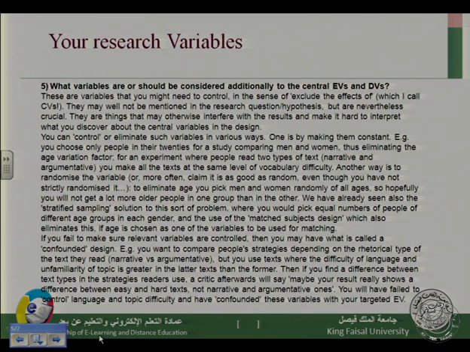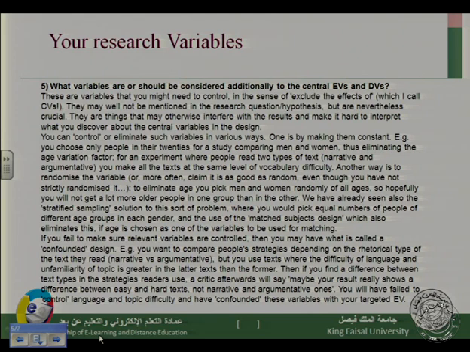So either from the beginning you exclude the other variables, or you include them in some way by having a representative sample of all of these variables, but you don't include them in your analysis. You don't bother about gender, for example, in your analysis. When you analyze your results, you don't think about gender. So they may well not be mentioned in the research question or hypothesis, but are nevertheless crucial.